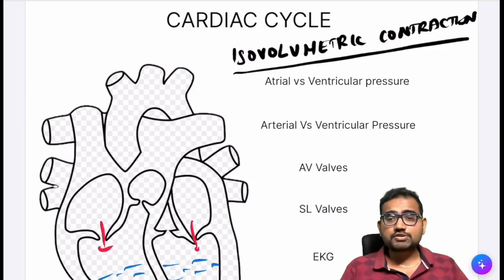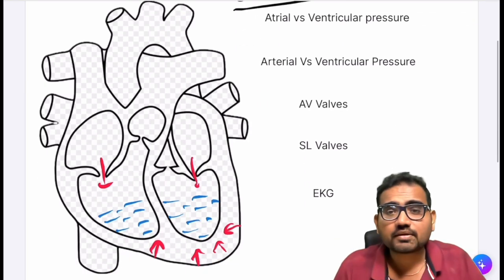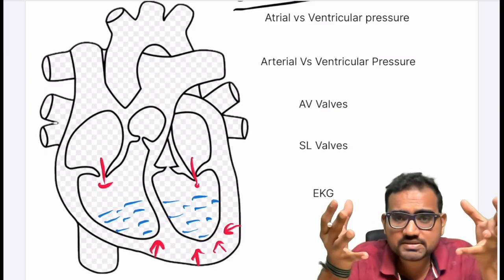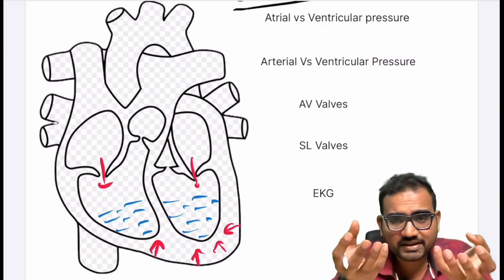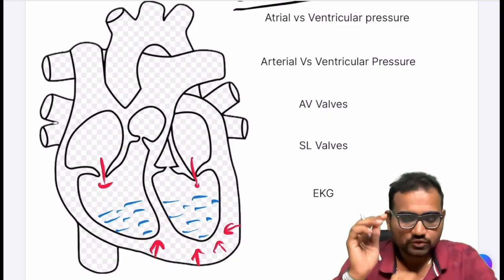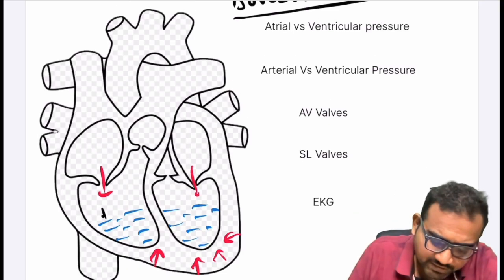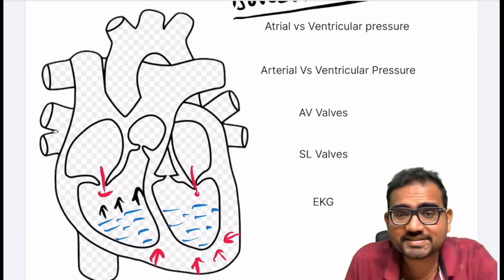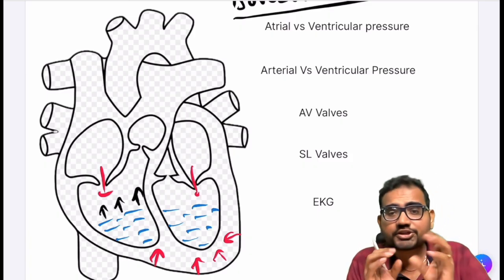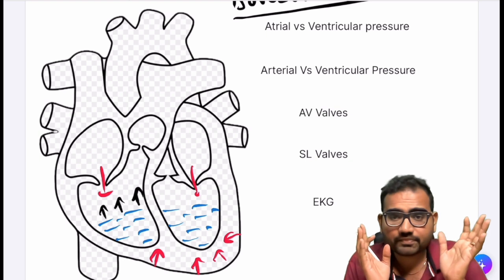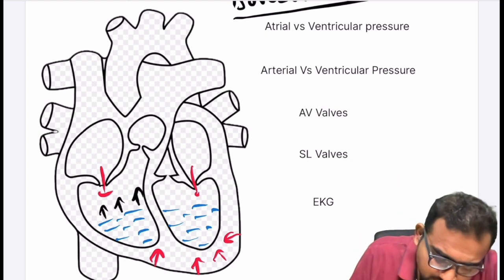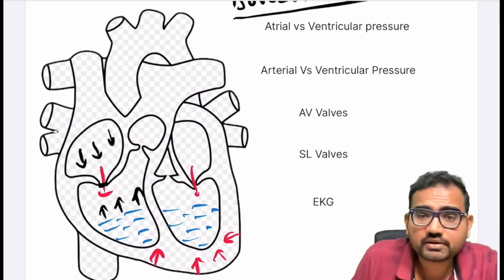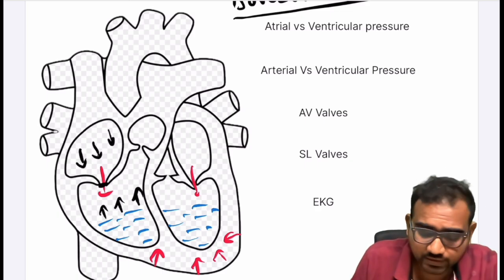Okay, so in isovolumetric contraction, what happens? The ventricles squeeze, the cardiac muscles contract, they undergo depolarization, and the contraction takes place. The pressure increases. Because the pressure increases, it is going to shut the AV valves. So the right atrium is going to have decreased pressure compared to the left ventricle.